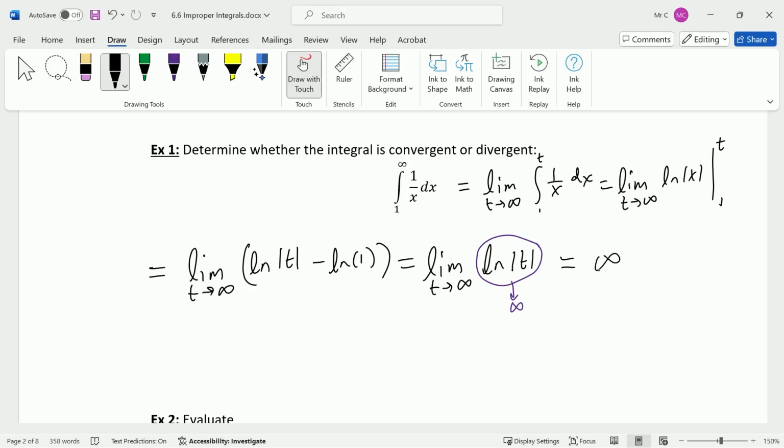So this is infinity. In other words, this implies that the integral from 1 to infinity of 1 over x dx diverges. Anytime we don't get a finite number, we say that that integral diverges. It doesn't matter if it's infinity, negative infinity, or we just get some oscillating values, we still say this improper integral diverges.